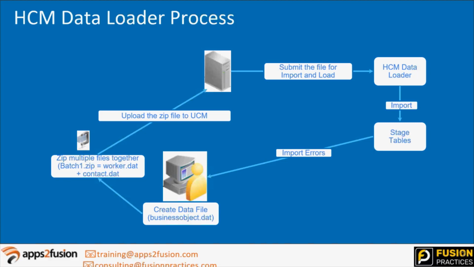Yeah, we have both steps. You can do import first, see the errors, and then do a load. Or we have a single submit option, import and load. If you submit for this process, it will do an import first and then take it further to the load step.